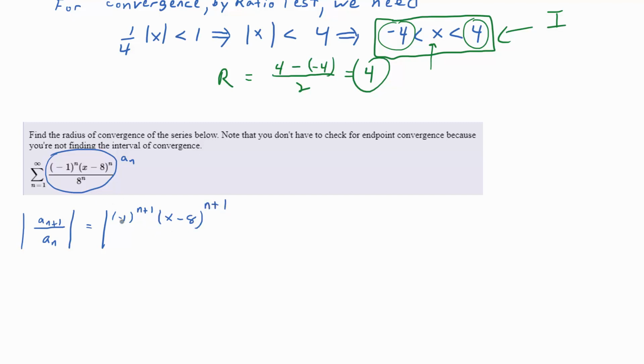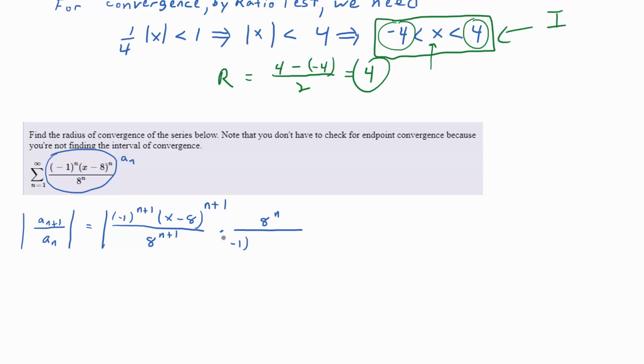So on top you get -1 to the n plus 1, x minus 8 to the n plus 1. On the bottom, 8 to the n plus 1. Then you're dividing by a_n, so if a_n is a fraction, flip and multiply. So on the factor we end up multiplying by, we'll get 8 to the n on top.